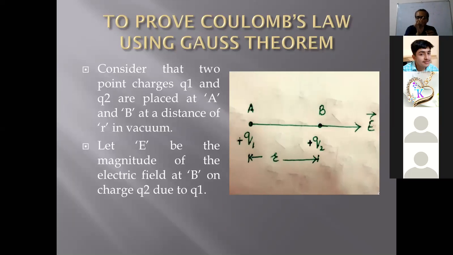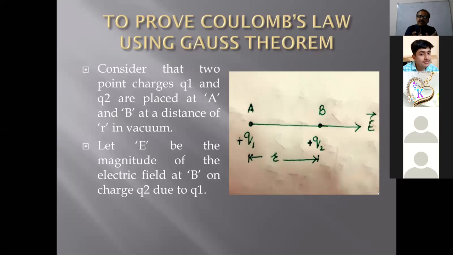That was 1 over 4 pi epsilon naught q1 q2 by r square. This was Coulomb's law. Now this Coulomb's law we have to prove using Gauss theorem. So we will be using Gauss theorem and we will reach the concept of Coulomb's law.